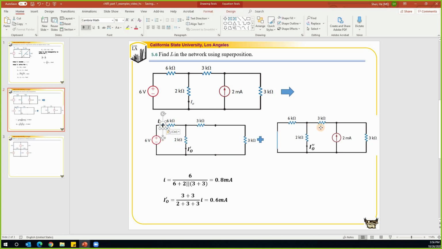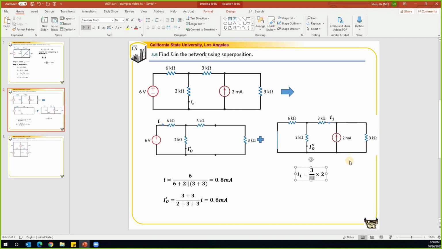So let's do that for the second part of the circuit. I want to know the current through here, call it I1. The current in this branch should be equal to something divided by something times the overall current, which is 2 milliamp. On the numerator is the resistance in the other branch, which is 3K, and on the denominator is the summation of the resistance in the two branches.